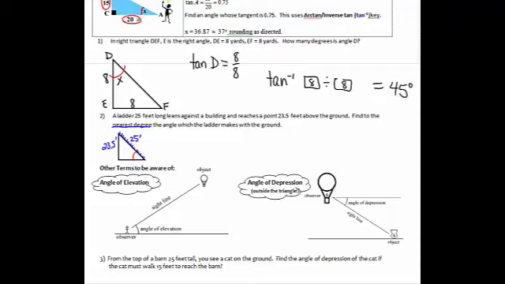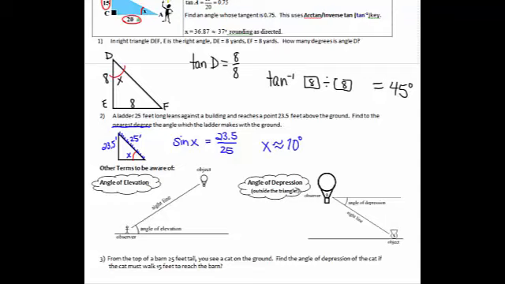O and H give me sine, so I am going to use sine of X, I don't know what this angle is, equals 23.5 over 25. So I want the angle whose sine is 23.5 over 25. I'm going to use my second function key with sine and then put in 23.5 divided by 25. And I can round that to the nearest degree, which would be approximately 70 degrees.